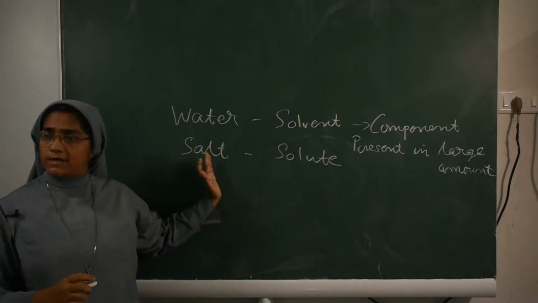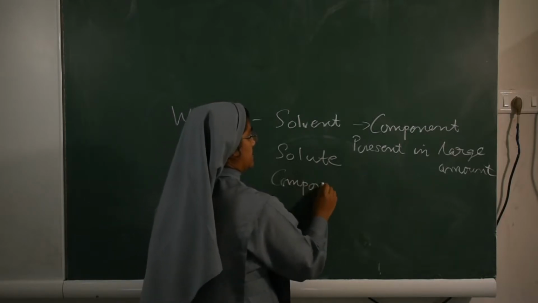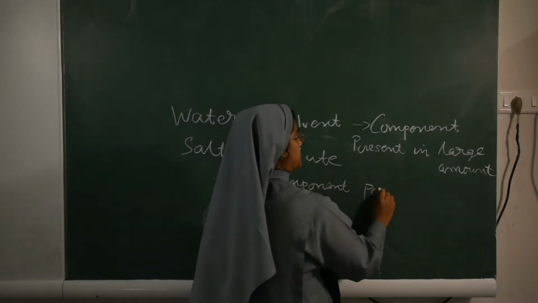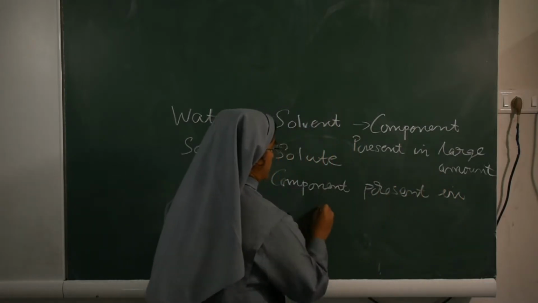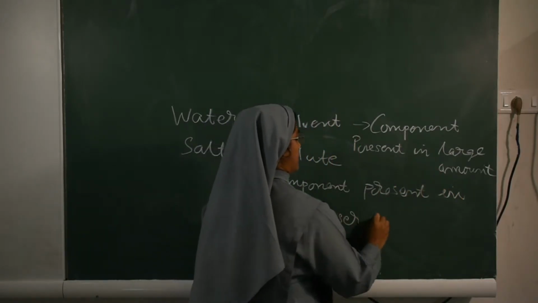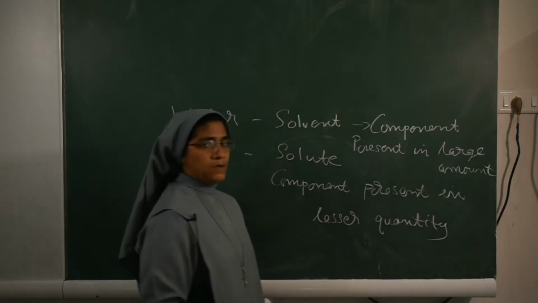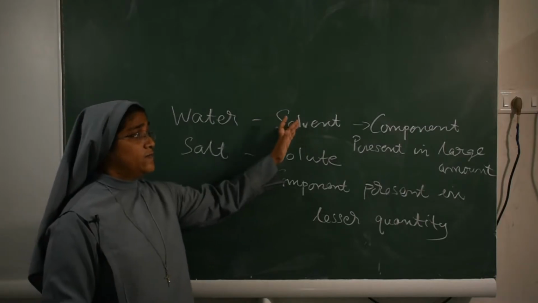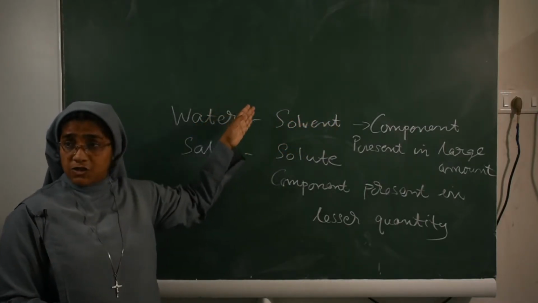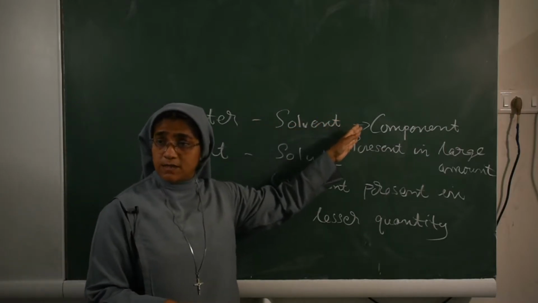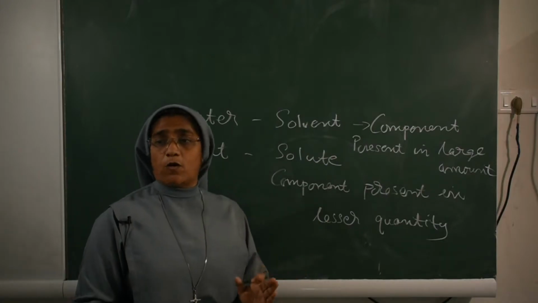Then why is salt called a solute? The component present in lesser quantity. So, solvent means the large quantity we are taking. Water we have taken in large quantity, that is why it is known as solvent. Solute means the component present in lesser quantity.